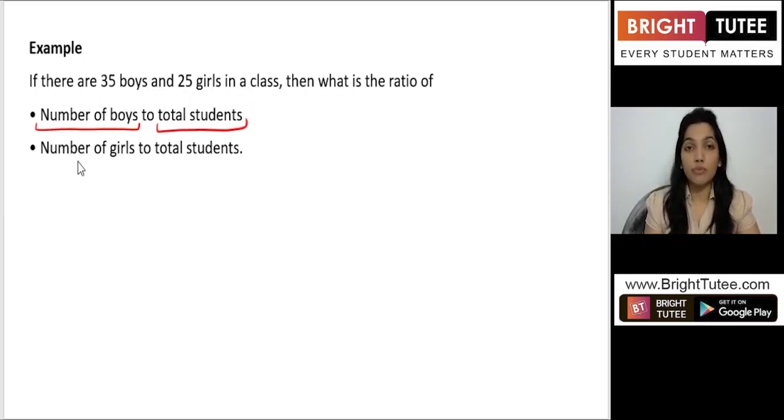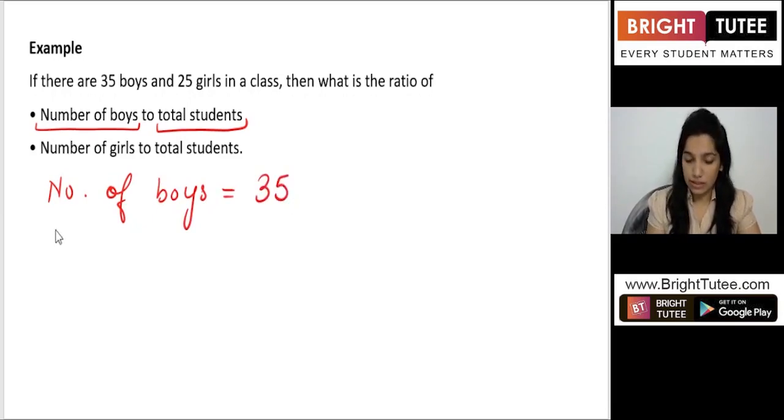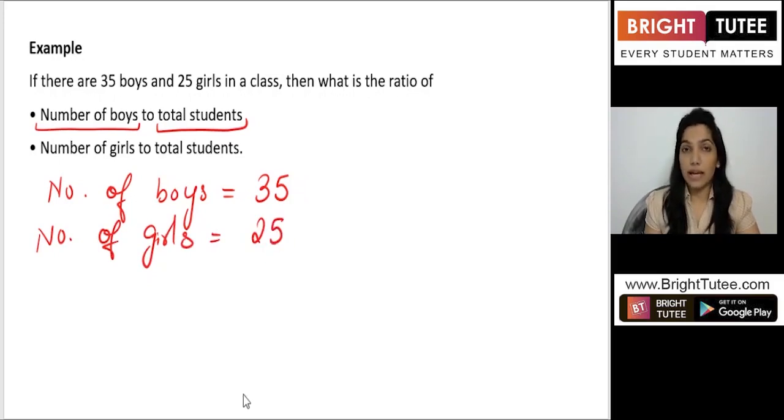What is the number of boys? Number of boys is equal to 35. And what is the number of girls? Number of girls is equal to 25. Now I hope we can calculate what is the total number of students. So let us write it here.